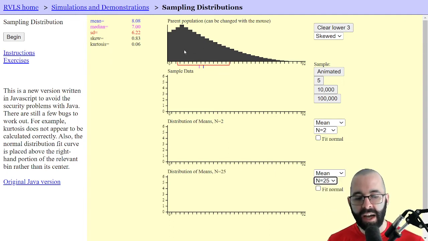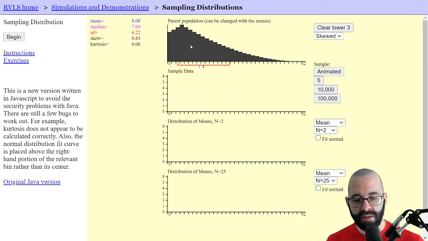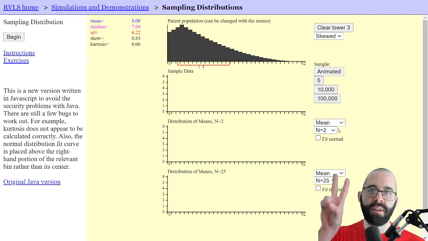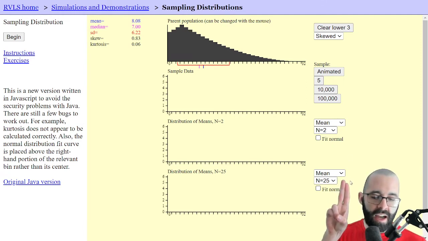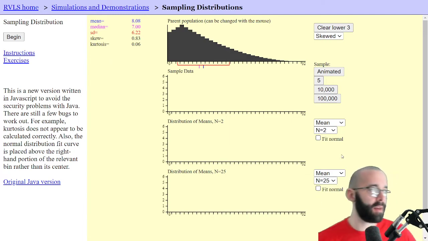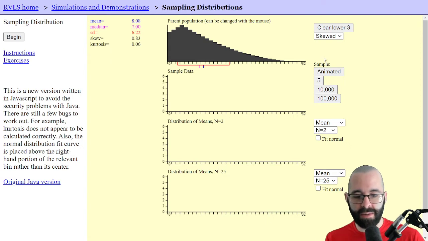Let's look at skewed data. So now our population has skewed data. We're still going to look at the means, but now let's look at 2 different samples. What if we take a sample of 2 SPSCC professors and figure out what their average favorite number is? And also 25. So every time we take a sample, we're going to take a sample of 2 random ones and 25 random ones and see how those means behave.